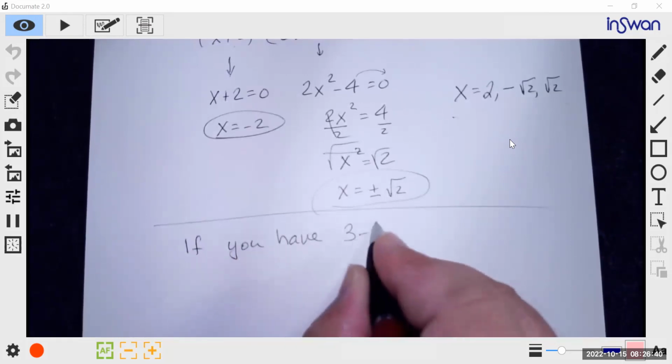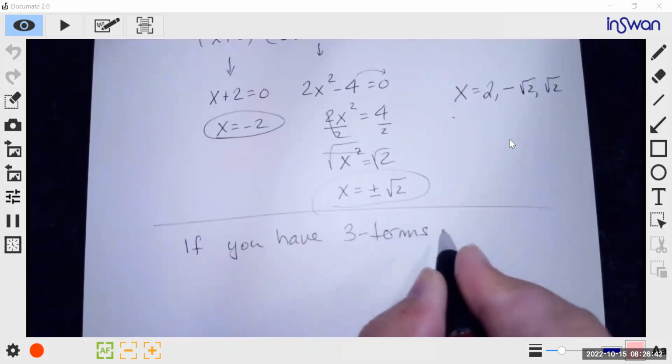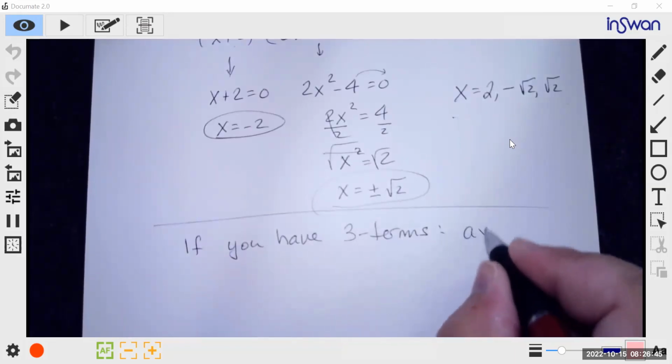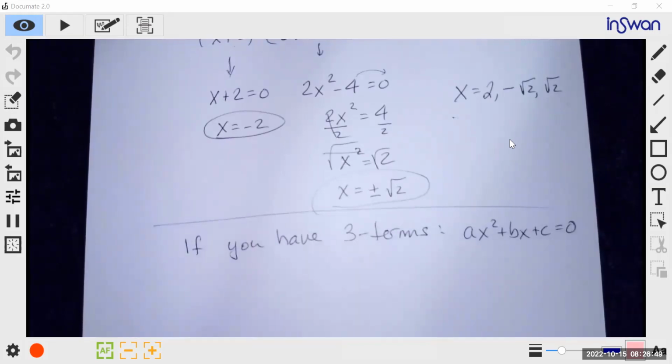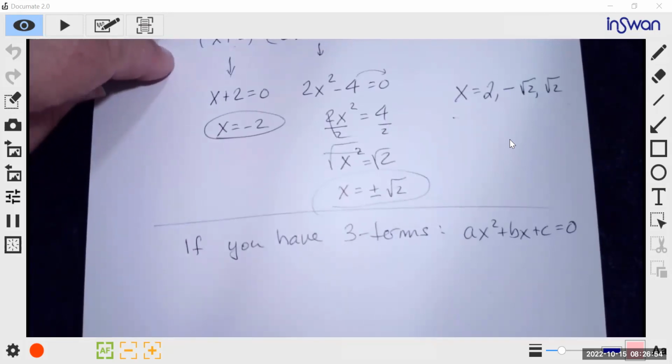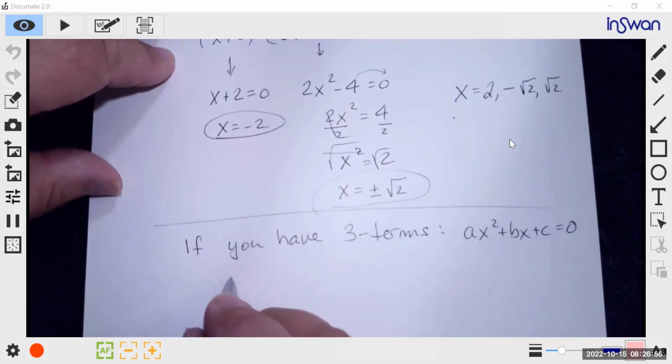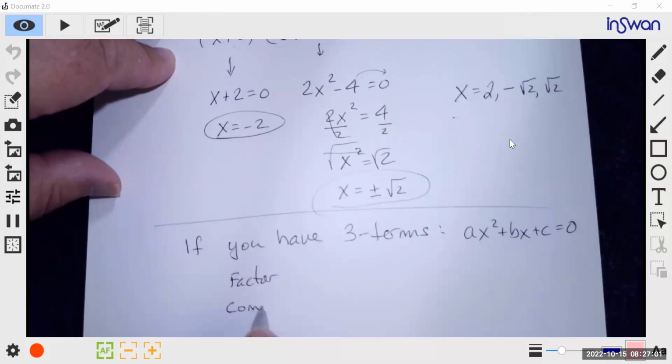If you have 3 terms, which is our traditional quadratic equation, we can either factor it, use the complete the square method, or the quadratic formula.